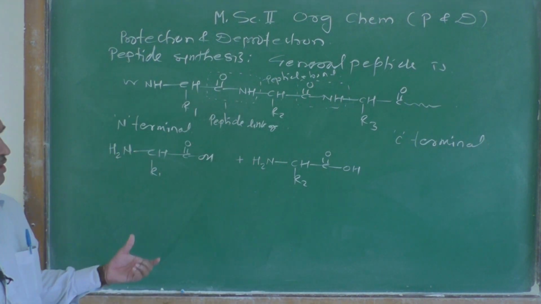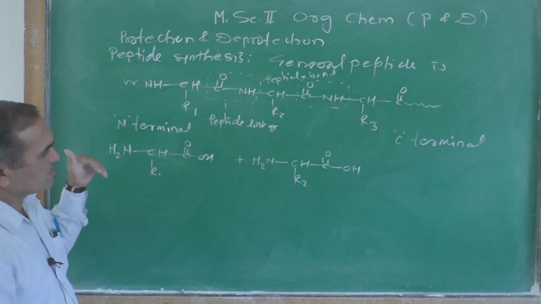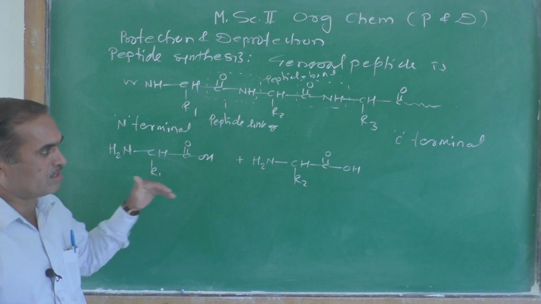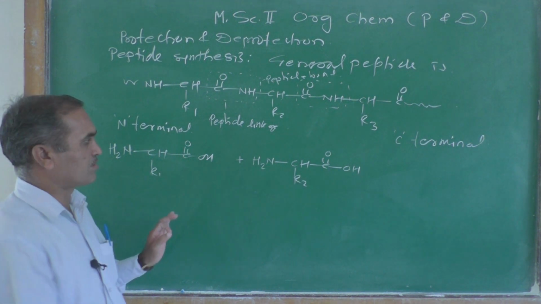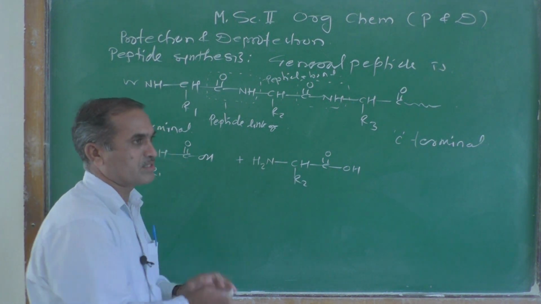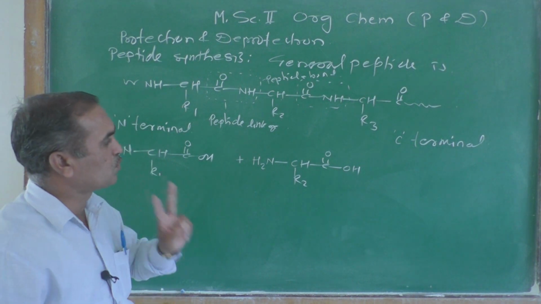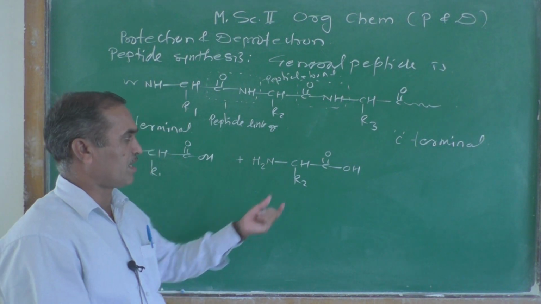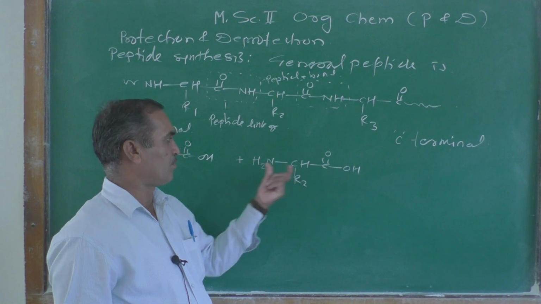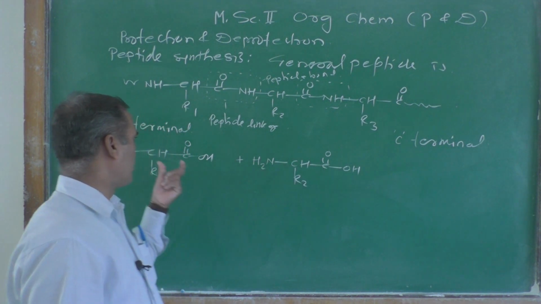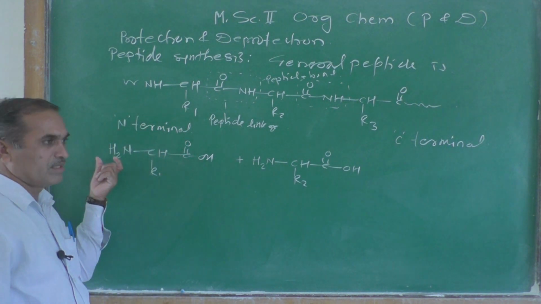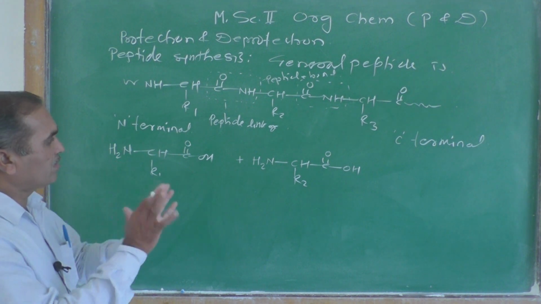Suppose this is one amino acid and this is another amino acid. In an amino acid, there are two functional groups present: one is a carboxylic group, and one is an amino group.